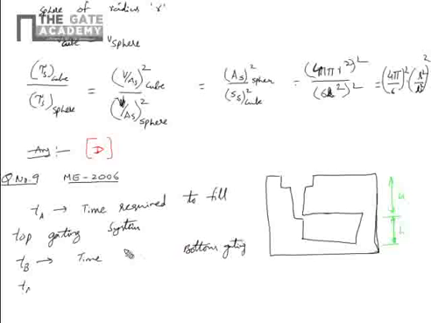So TA equals V, the volume, which is constant, by A minimum, which is constant, into the velocity of top gating, velocity of A. TB is the same diagram.